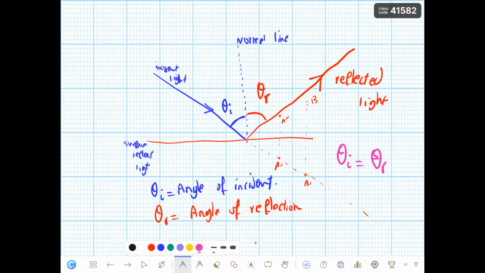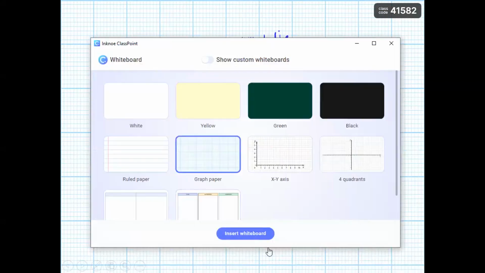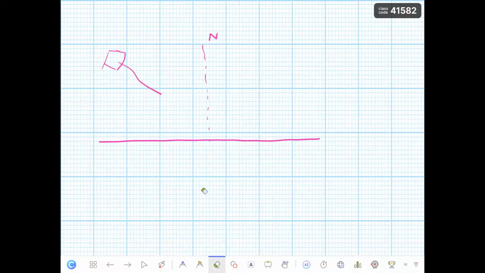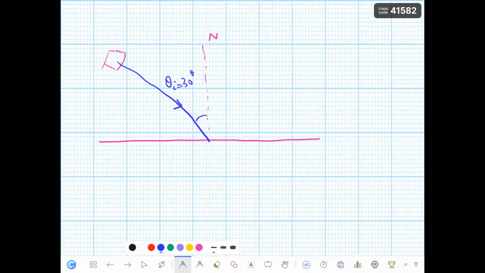Okay, another example. Let's say we have a reflecting surface, and this is a normal line, and I have a light source. The light reaches the surface with theta I of 30 degrees. What would be the angle of reflection? Exactly 30 degrees.